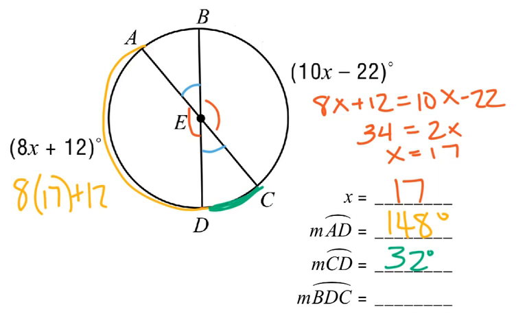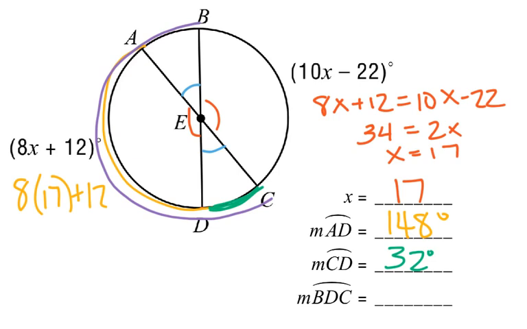And then the last thing it wants me to find, I'm going to do it in purple, is BDC. Okay, so I can't go like this, because if you notice, I go through C before I get to D. So I have to go in this order, B to D to C. Also, the other thing is it's 3 letters, so I know it has to be more than 180 degrees.